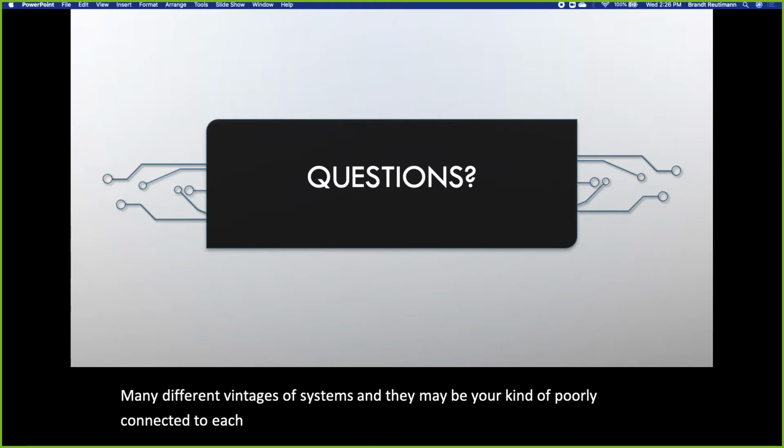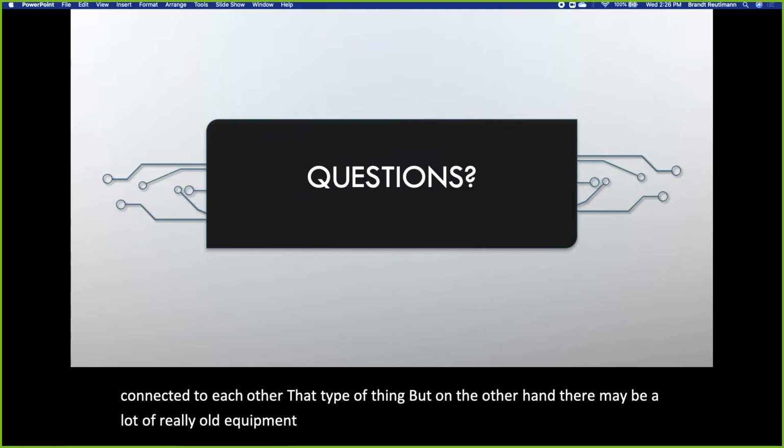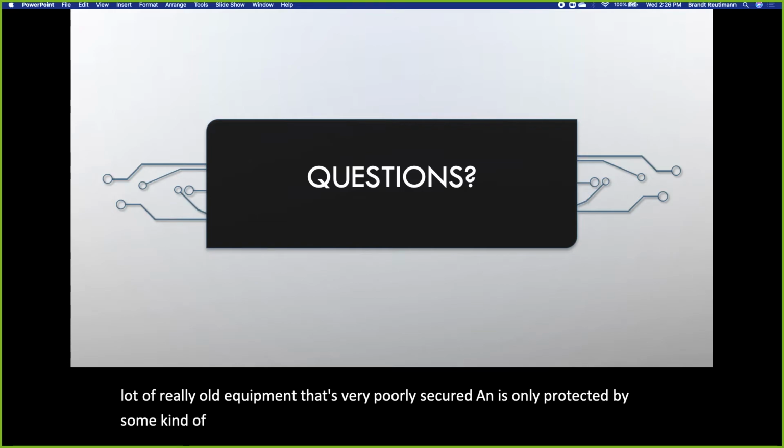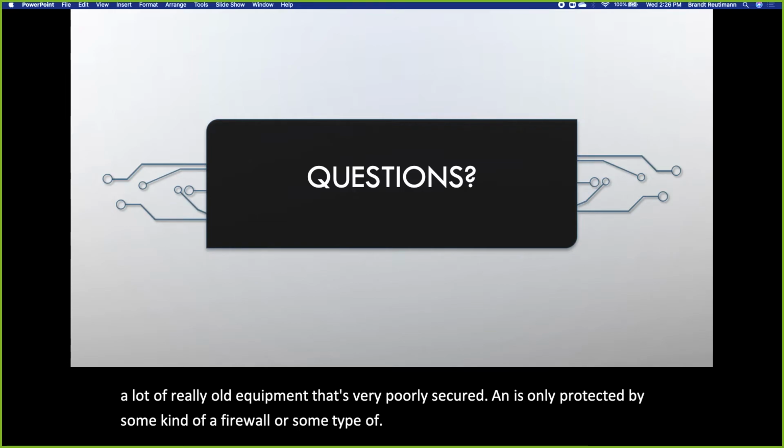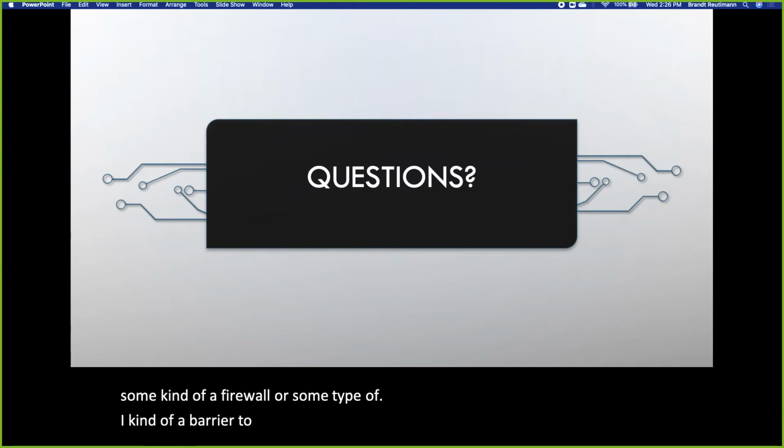But on the other hand, there may be a lot of really old equipment that's very poorly secured and is only protected by some kind of a firewall or barrier to entry. But on the other side of the barrier to entry, it's actually quite weak.